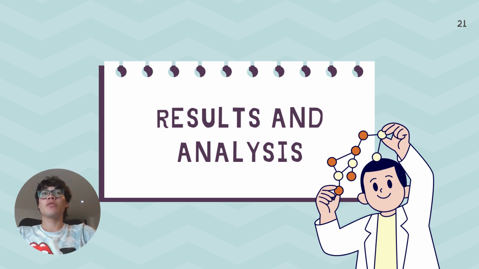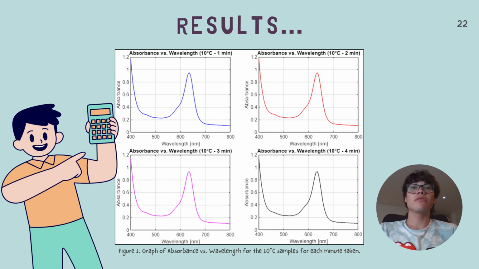Now we're going to present to you the results and analysis for this practice. The samples that were taken in the practice were also analyzed with a spectrophotometer, and the data collected from it was converted into these graphs that represent absorbance versus wavelength for each time that the sample was taken.